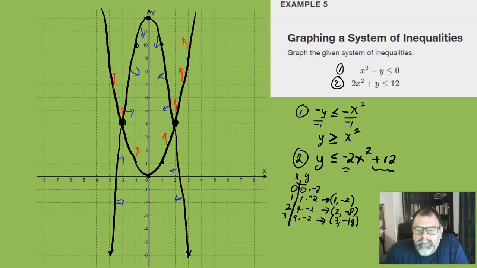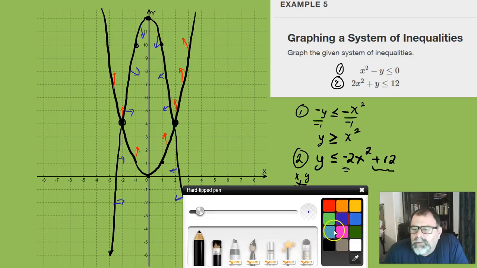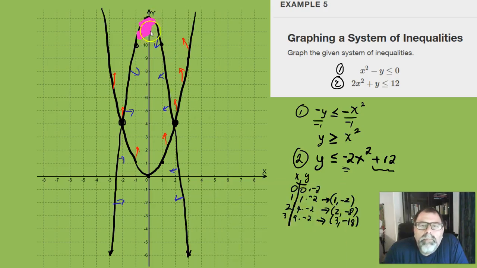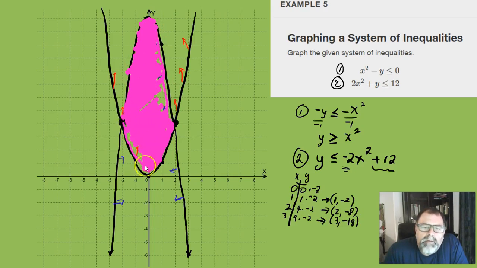Hopefully you can see that the solution set is going to be, I wish I had the highlighter, there, we'll make it this color. The solution set is all of this. I wish I had the highlighter because it looks a lot better when it's shaded with the highlighter.